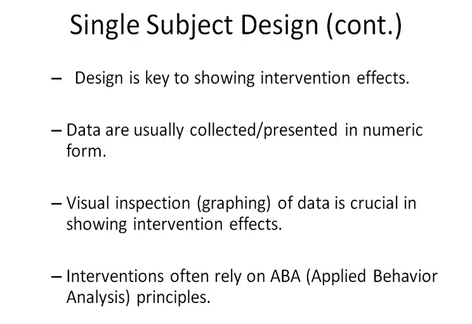Data are usually collected and presented in numeric form, and you can usually tell a single subject design by this visual inspection. There's usually a line graph that is used in the presentation of results, and you should be able to look at the line graph and get a pretty good idea of the results and the effects that the intervention is having on the student's behavior.